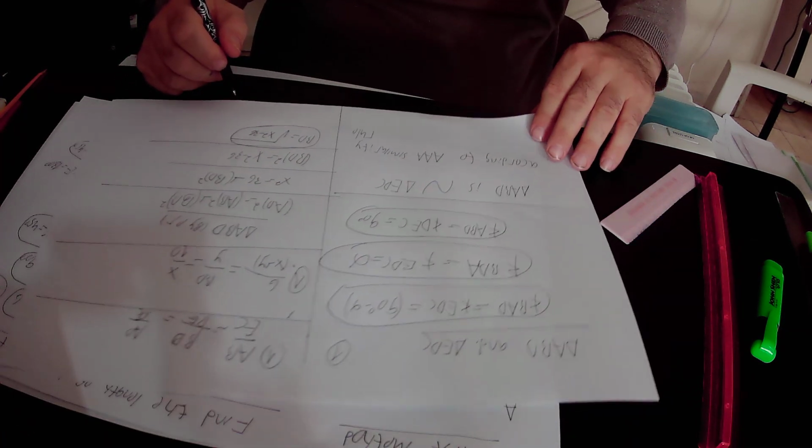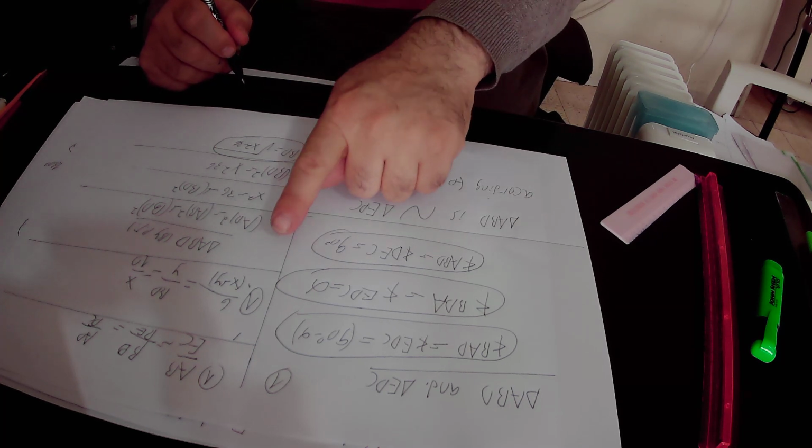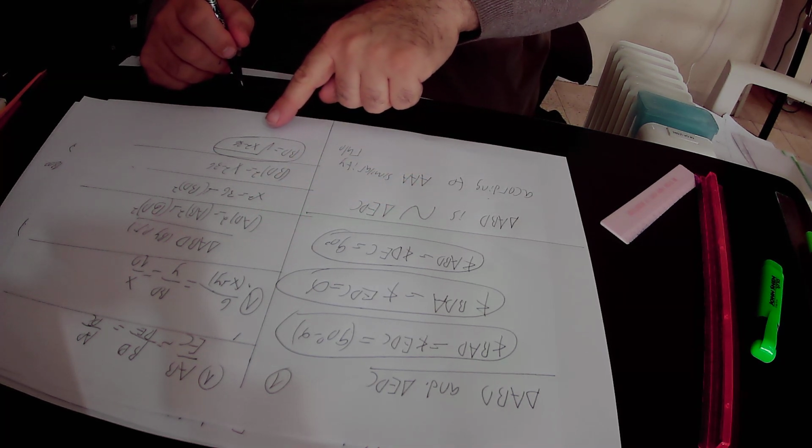Okay, so we can substitute BD in equation number 1 by the square root of x squared minus 36.